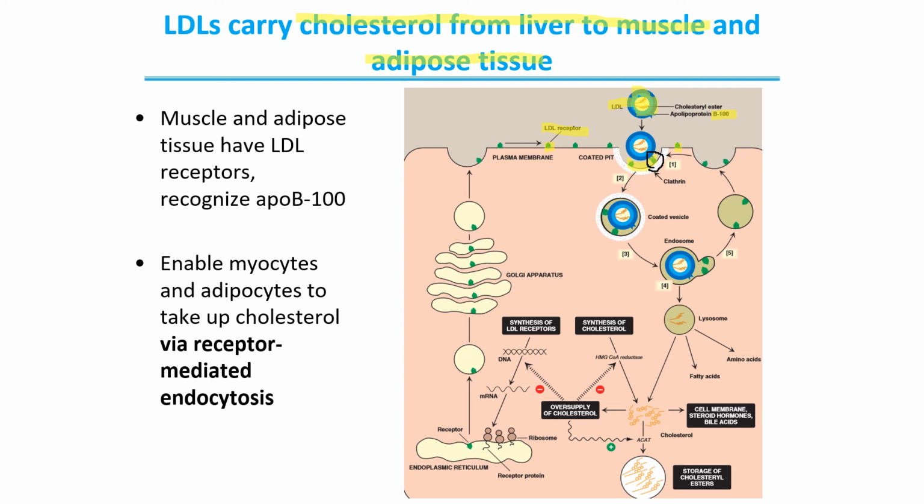Once it is inside, it is a vesicle coated with the clathrin pit, and once it is completely inside, it will be taken up by the lysosomes, and the lysosomes have the enzymes to break the particles that are inside this LDL, whereas these green receptors will recycle back to the surface. As we can see here, they are going back and they will attach on the cell membrane again, where they can pick up more LDL particles.